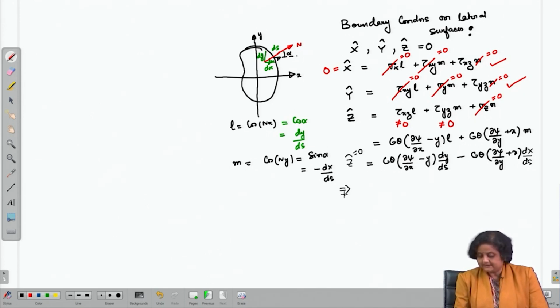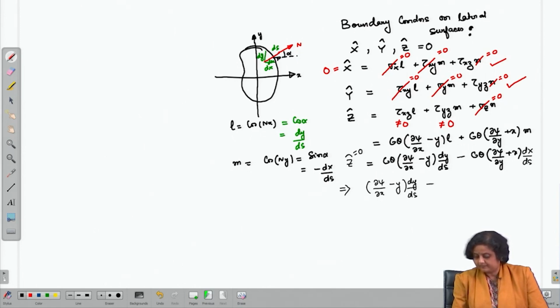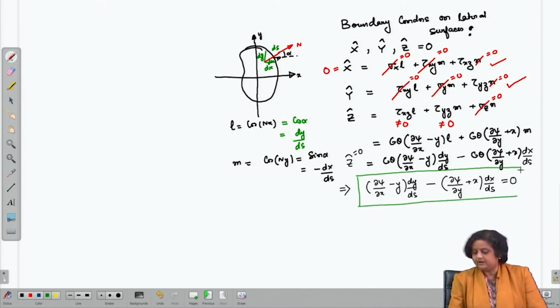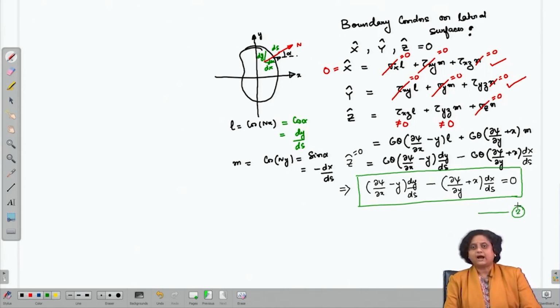So, what we get in turn is that, therefore, in order to satisfy the boundary condition on the lateral surfaces, we have to choose a psi that is going to satisfy this condition.